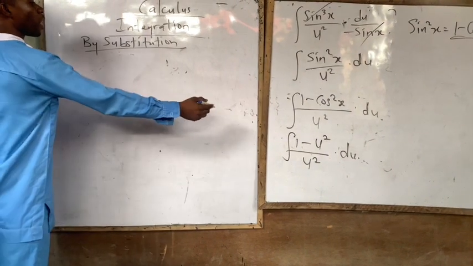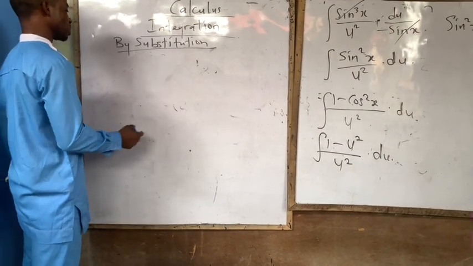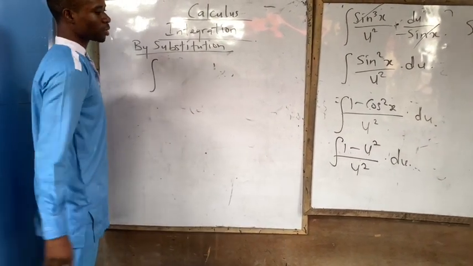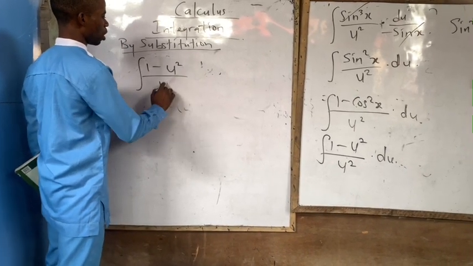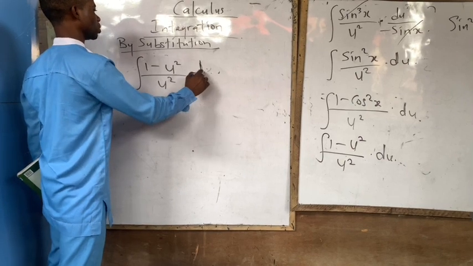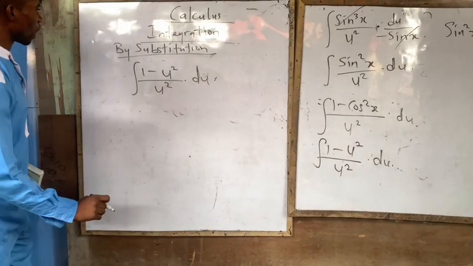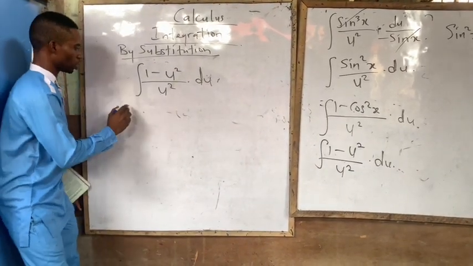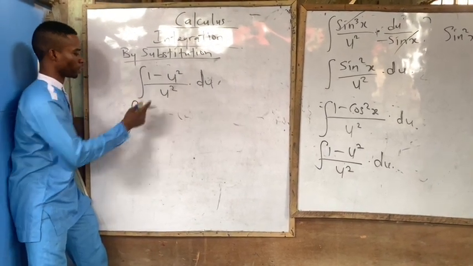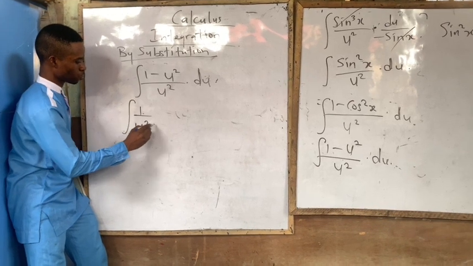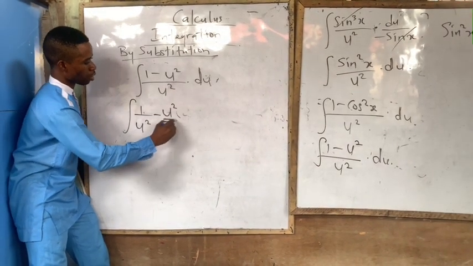If I want to integrate 1 minus u square all over u square du, I can just distribute the denominator under each term. That means 1 all over u square minus u square all over u square.